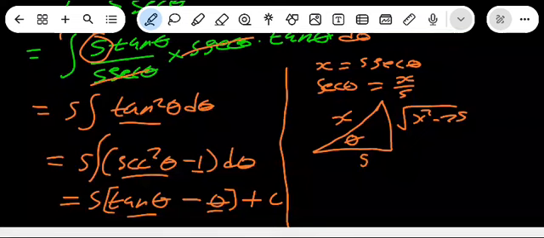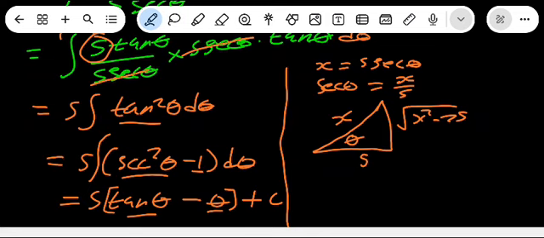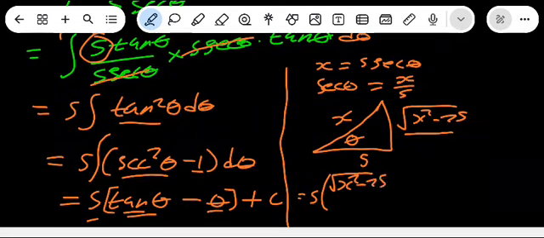All right, so here we'll have 5 tan. What is tan? Tan will simply equal opposite over adjacent. Tan will be equal to root x squared minus 25 over 5.